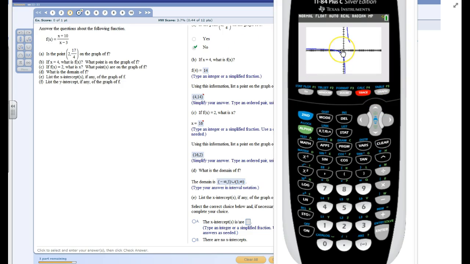So it looks like there's an x-intercept on the left. There is no x-intercept on the right. To find the x-intercept, I'm hitting second calculate.